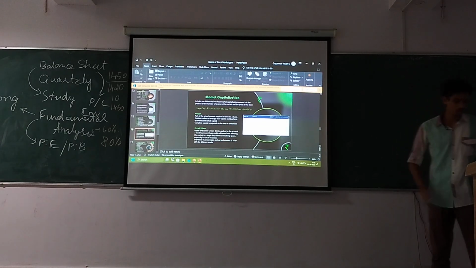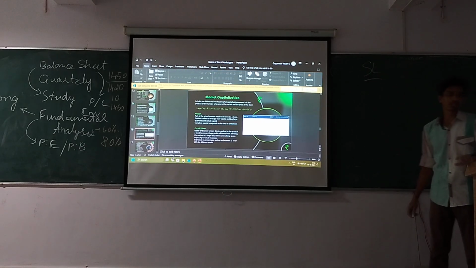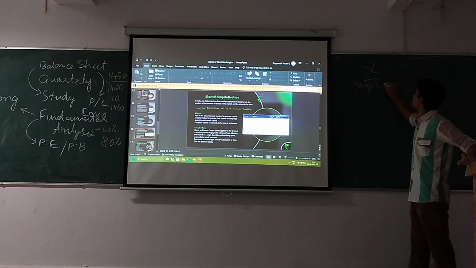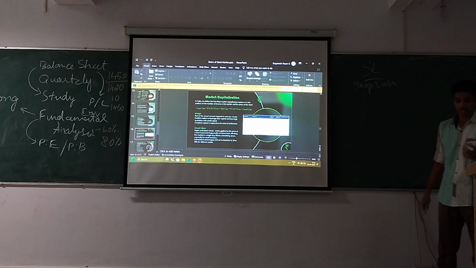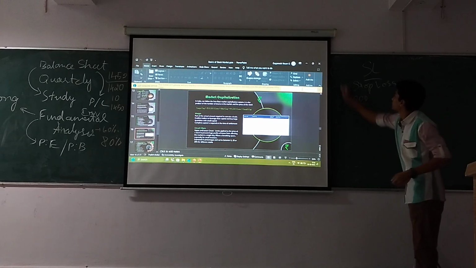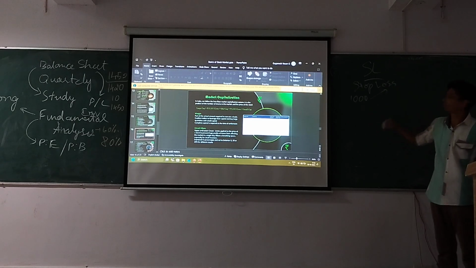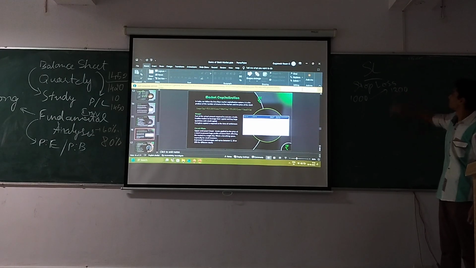So stop loss. Stop loss meaning you want to stop the loss that you are making. Let us say you have bought a share at 1,000 rupees. Any share. If you are buying a share, it means you think that it might go up to 1,200.